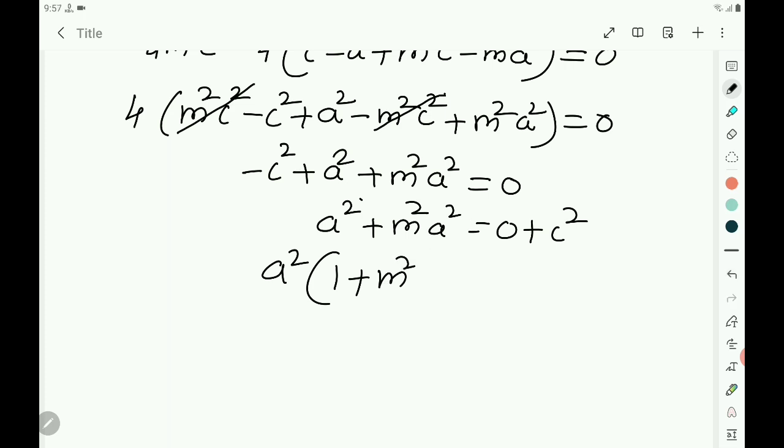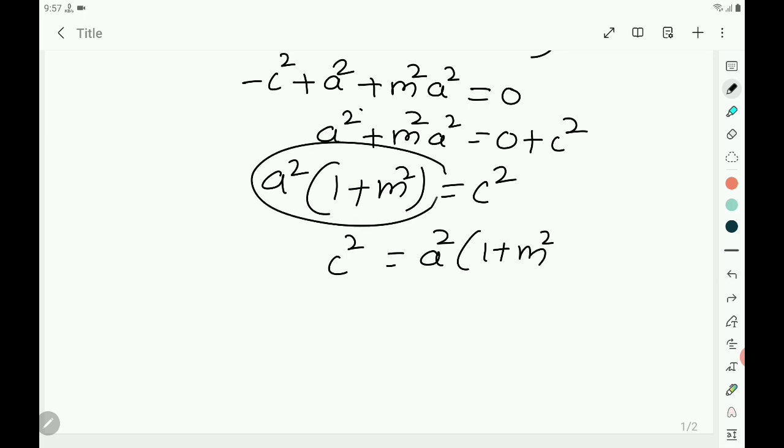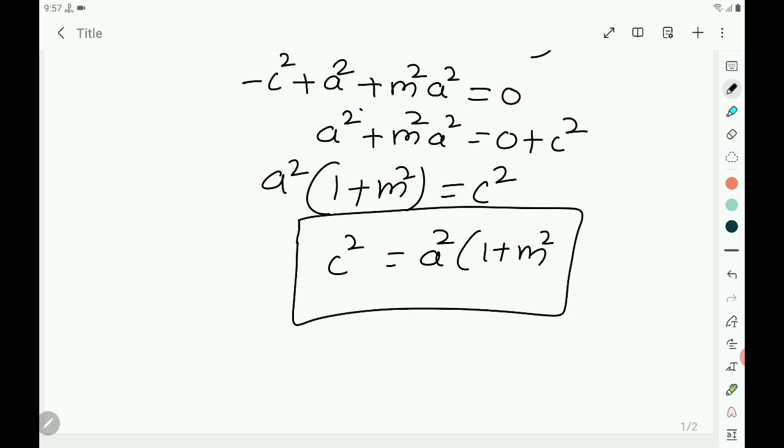So a²(1 + m²) = c². Interchange LHS and RHS, and you will get c² = a²(1 + m²). Write c² in the LHS and this in the RHS. You got the result: c² = a²(1 + m²).